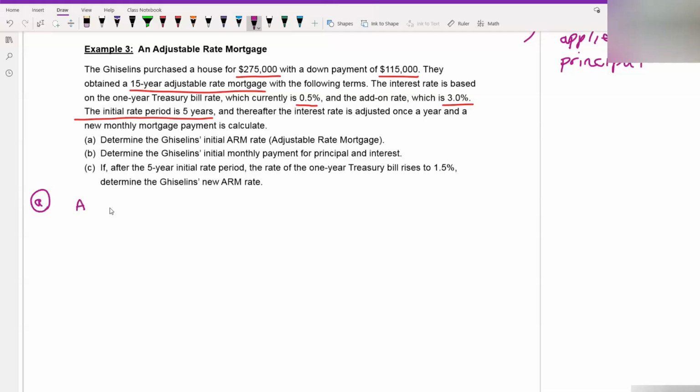So part A, the adjustable rate mortgage, is equal to the 1-year Treasury bill rate plus the add-on rate.